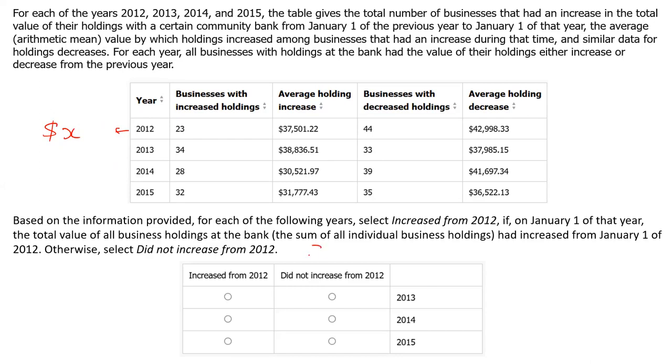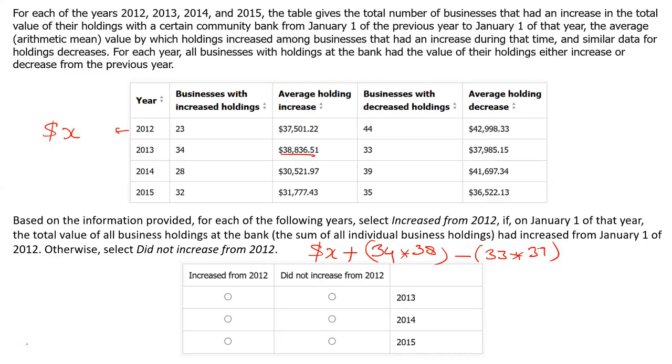That $X first of all increased by 34 into 38K. This was the increase. And what was the decrease? Minus 33 into 37K, right?